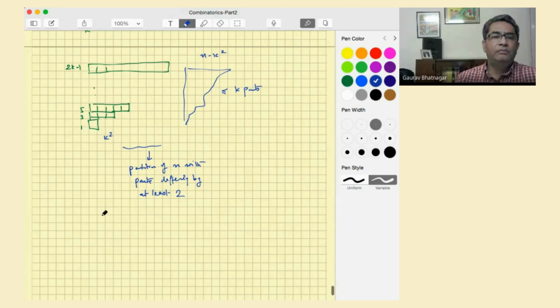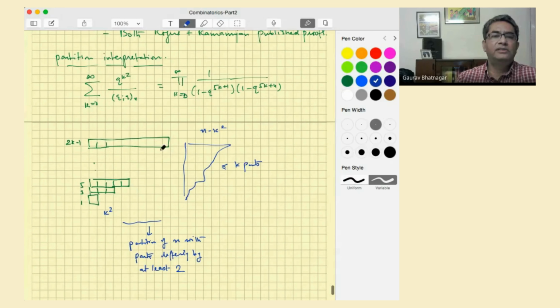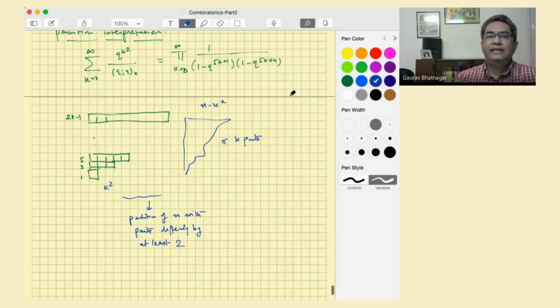Okay, and then you sum over all those. So this will give you one of these, and this side is clear. This side generates partitions of n. So this is the generating function.